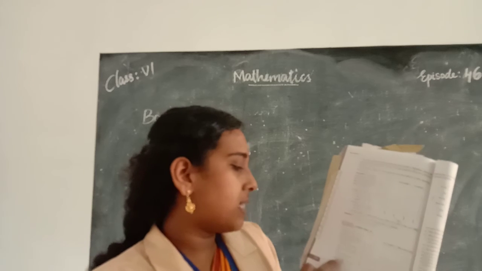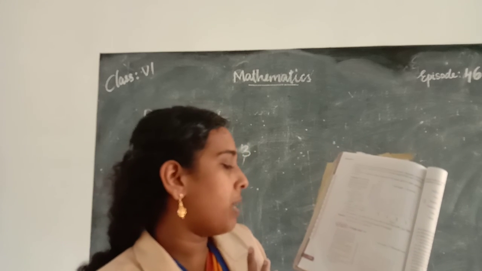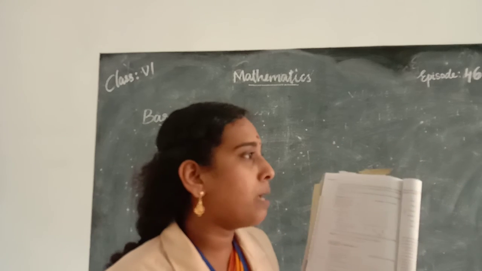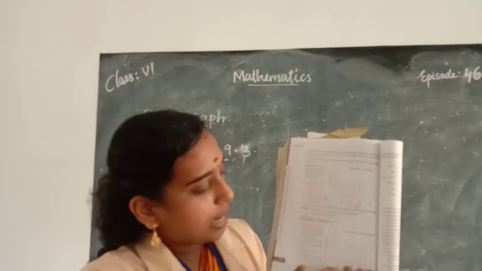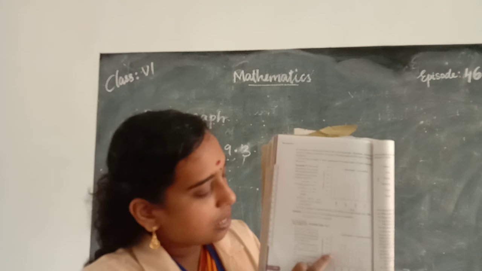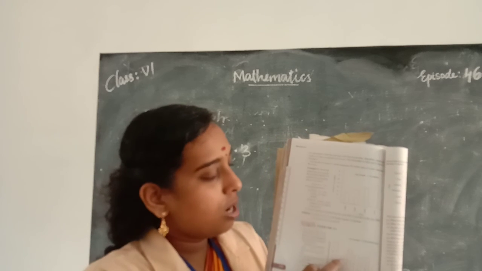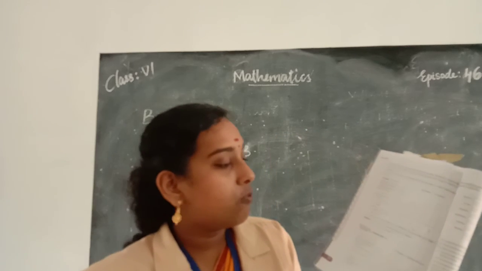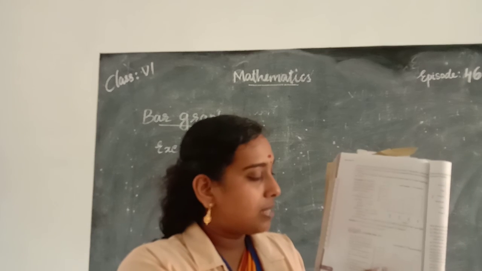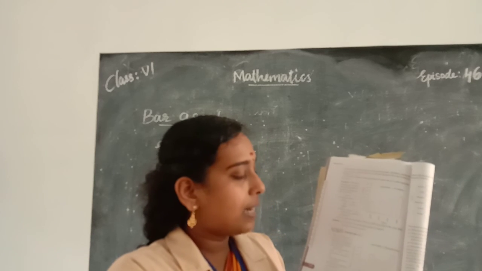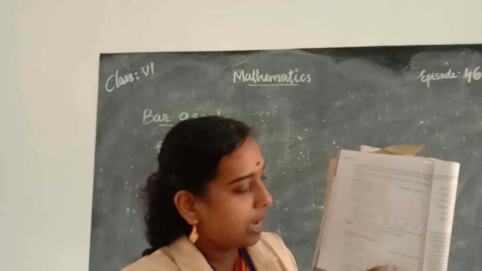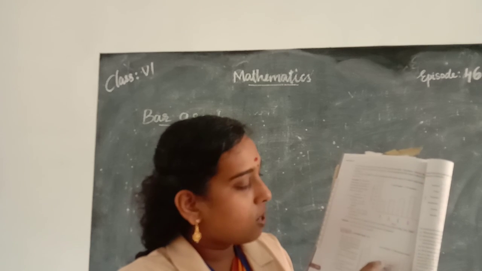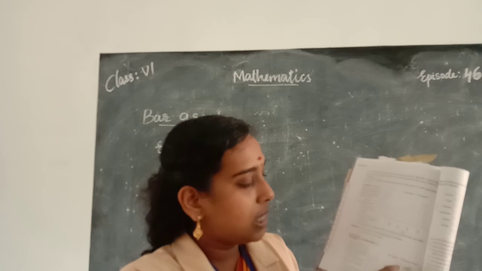And the first question is: in which year was the wheat production maximum? Here you can see that in 1998 it stands for 15, so 15,000 tons were purchased in 1998, in 1999 it's 25,000, 2000 is 20, 2001 is also 20, and 2002 is 30.